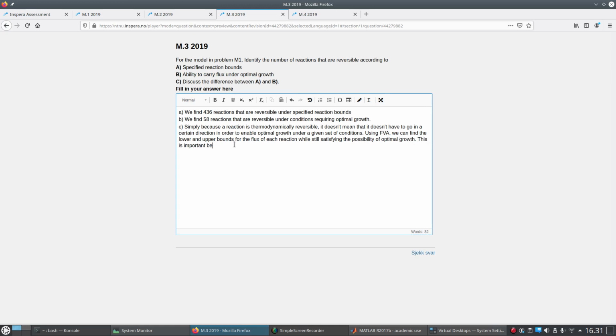This is important because ordinary FBA only returns one optimal state, but usually there are many equivalent optimal states, and it is possible that some reactions could go in, let's say, different directions in various different optimal states.